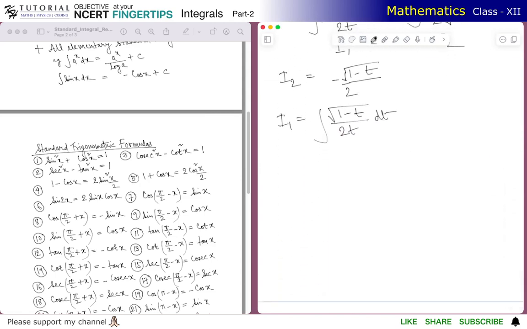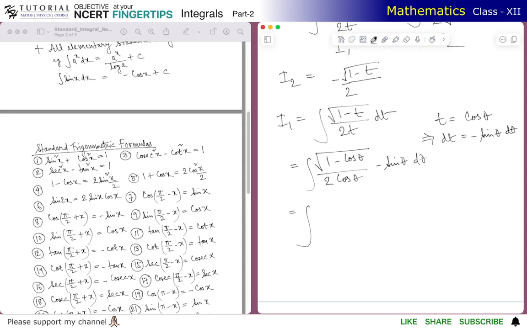So one method we can possibly use is considering t as, let's say, cos theta. Then dt equals minus sine theta d theta. Now this becomes root over 1 minus cos theta divided by 2 cos theta, where dt is minus sine theta d theta.